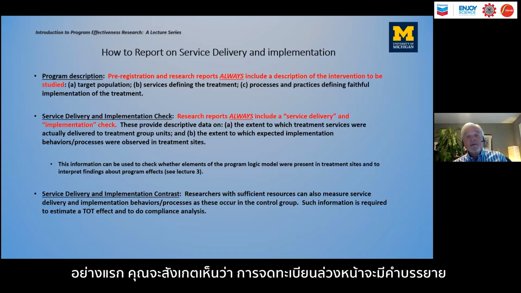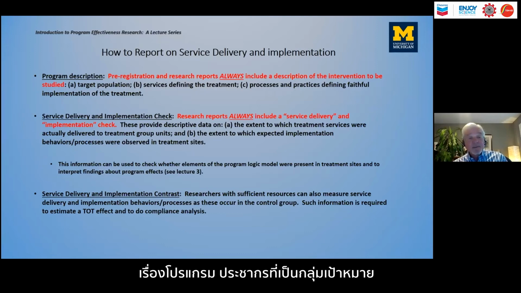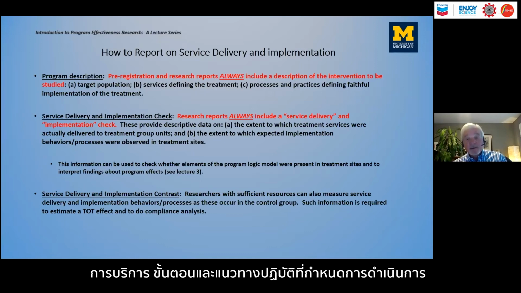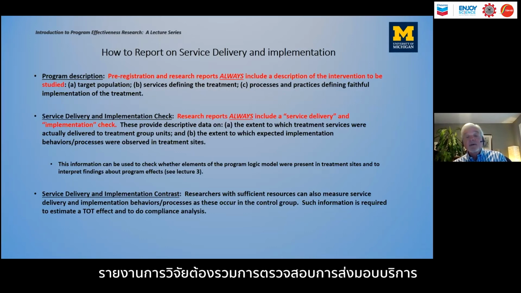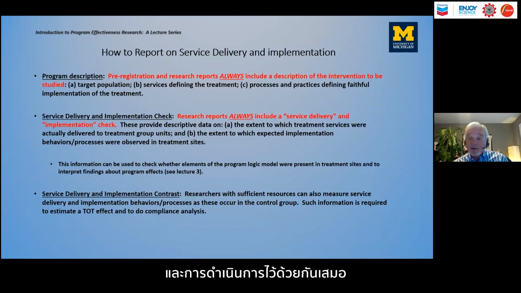First of all, you'll notice that pre-registration always includes a description of the intervention, the target population, the services, and the processes and practices defining implementation. Research reports always include a service delivery and implementation check.